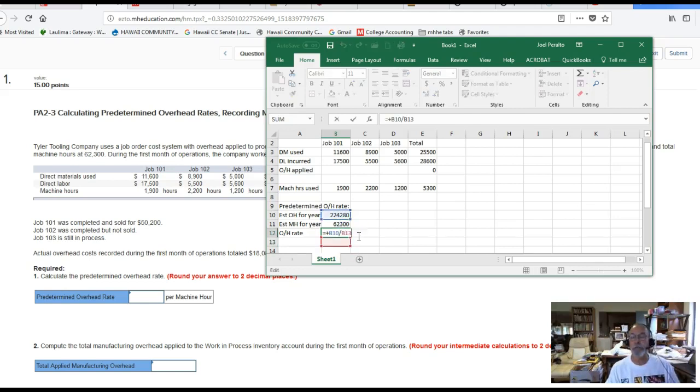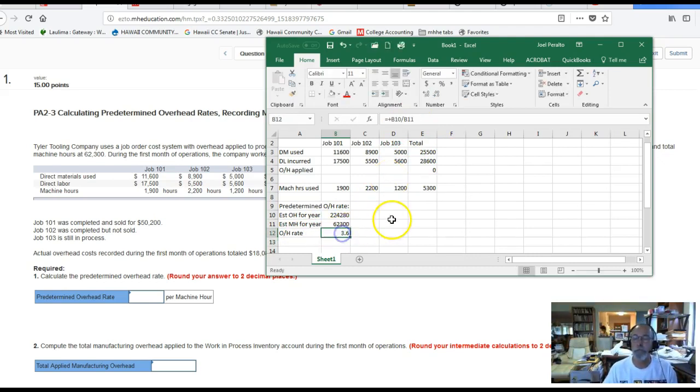And I forgot to show that as a formula. It looks like I used the wrong cell for the formula. It should be total estimated overhead in B10 divided by total estimated machine hours in B11, and I've got B13 up here, so we need to put 11 in there.